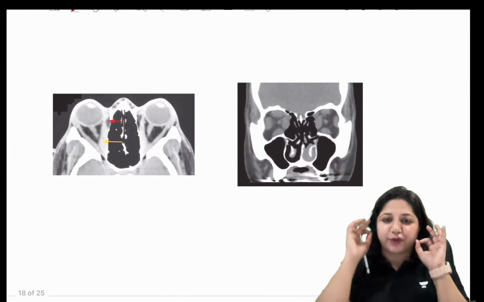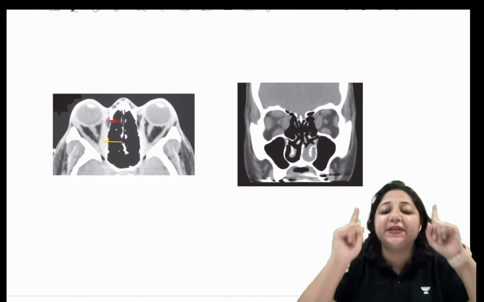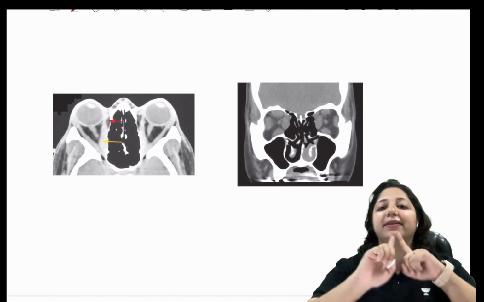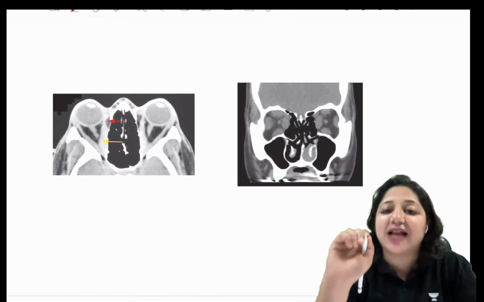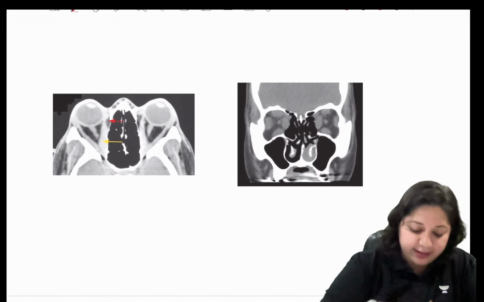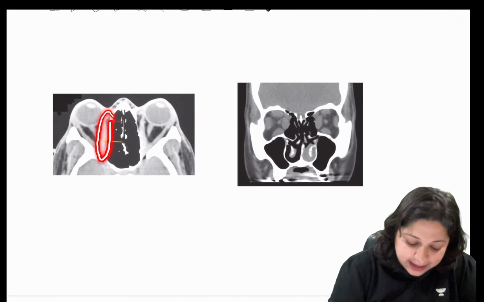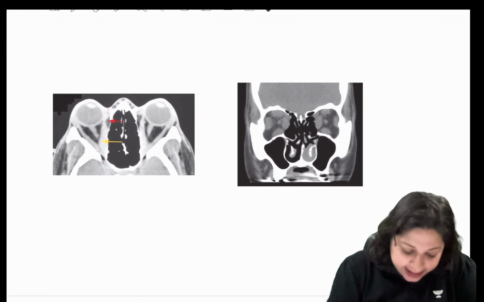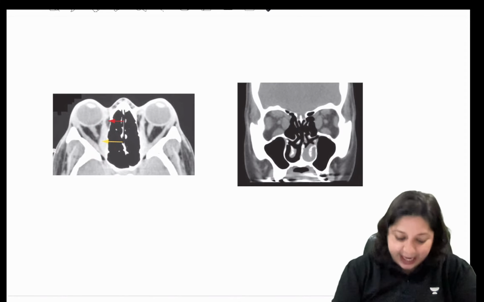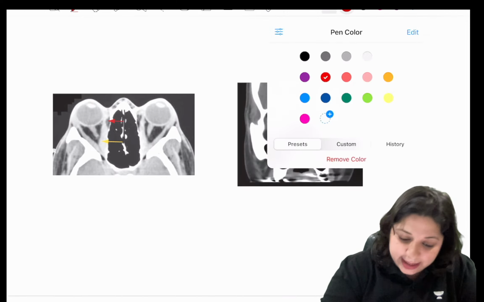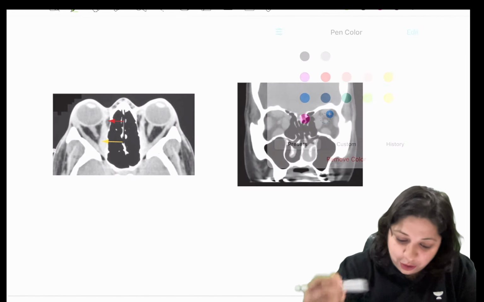And what is the classical radiographic appearance that we get in thyroid eye disease? The classic radiographic appearance is, please remember, all the muscles are enlarged, sparing the tendons. So there is a classical sparing of the tendons. What you get to see here is enlargement of the muscle. See the muscle belly. Here the muscle belly is enlarged, but there is sparing of the tendons. So what you see in yellow, I will write in yellow, but you will not be able to see.